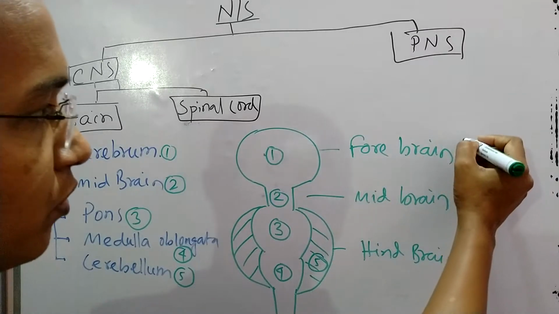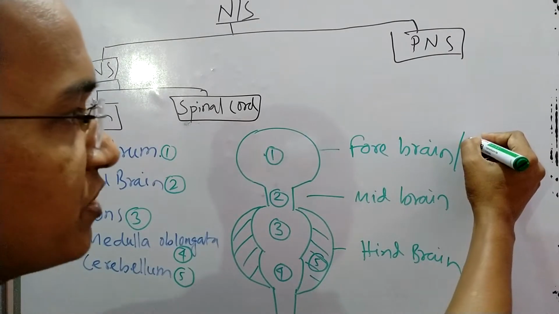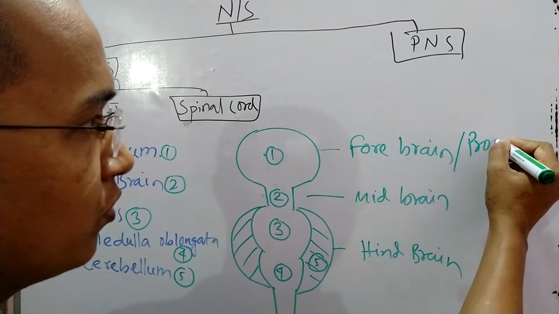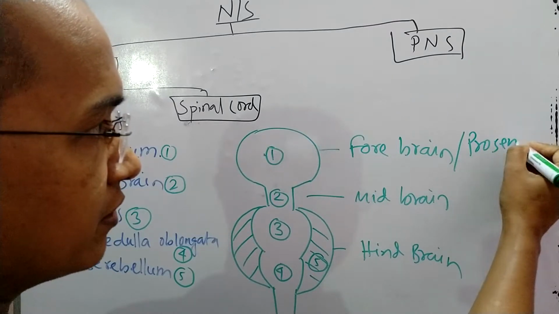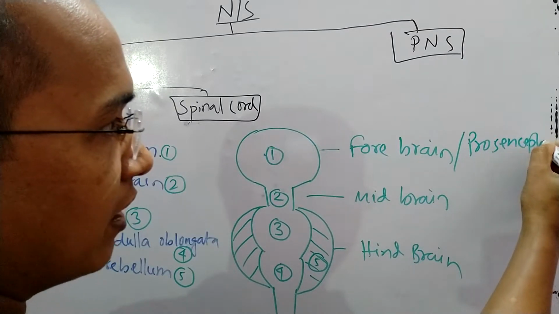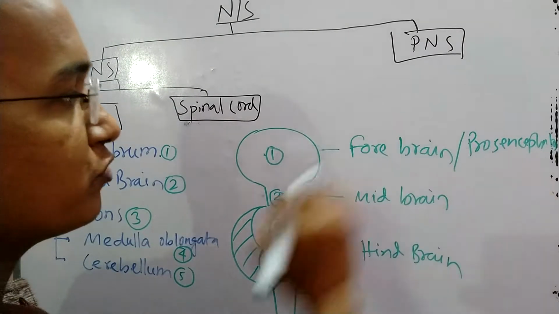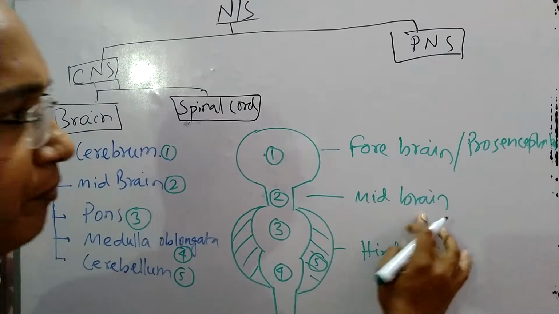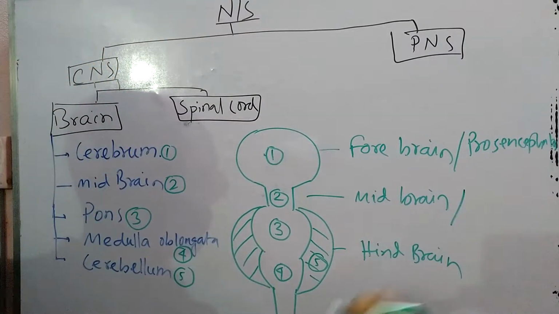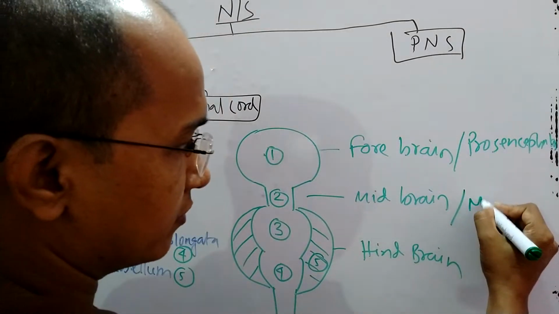Forebrain, also called prosencephalon. Midbrain, also called mesencephalon.